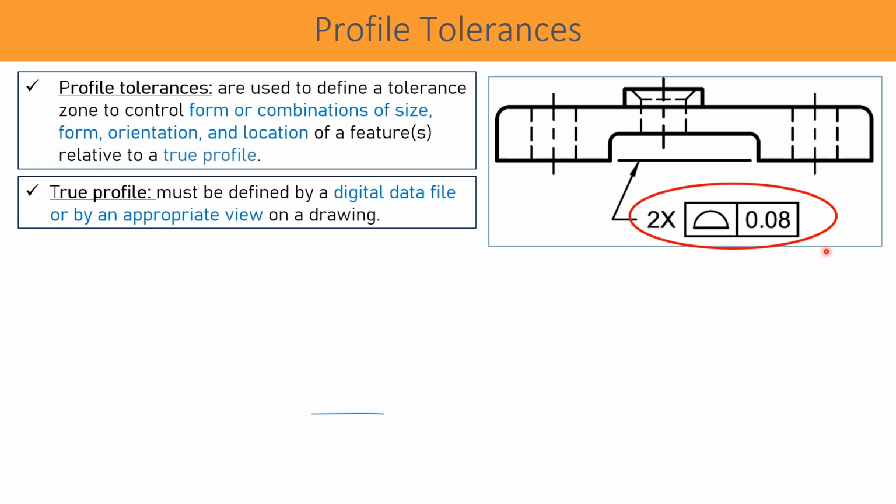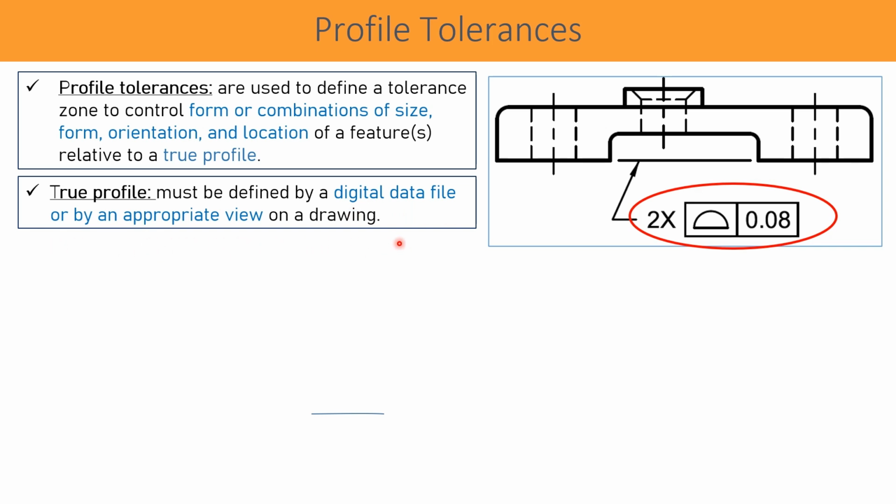If we read the requirement of the profile in the definition, it is stated that the profile tolerance zone controls features relative to a true profile. Let us understand now the meaning of true profile. True profile is defined by a digital data file or by an appropriate view on a drawing.